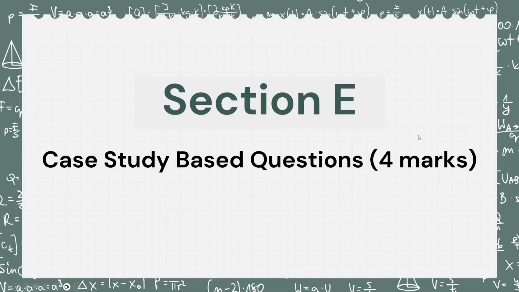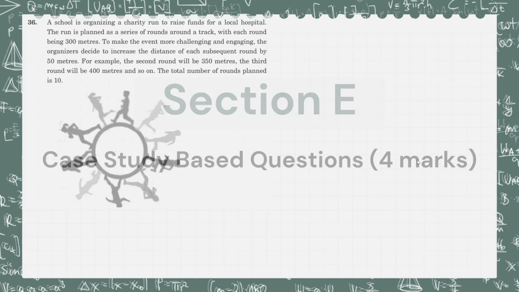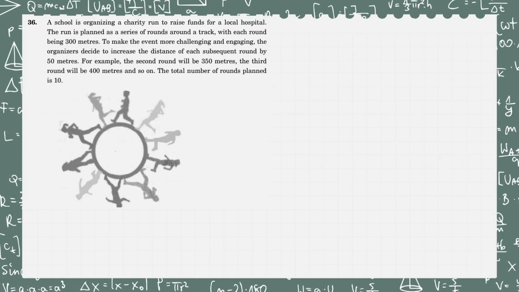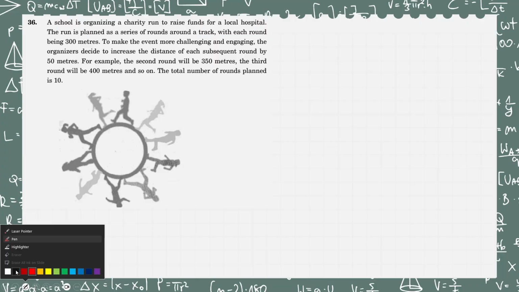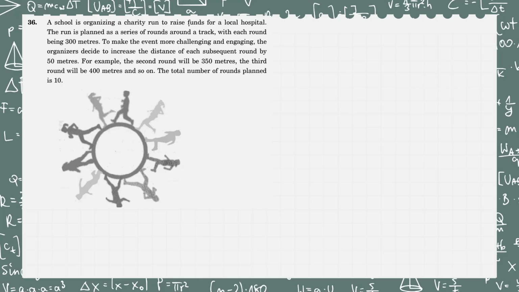Let's solve section E, case study based questions, each carrying 4 marks. Let's see the first one. A school is organizing a charity run to raise funds for a local hospital. The run is planned as a series of rounds around a track, with each round being 300 meters.